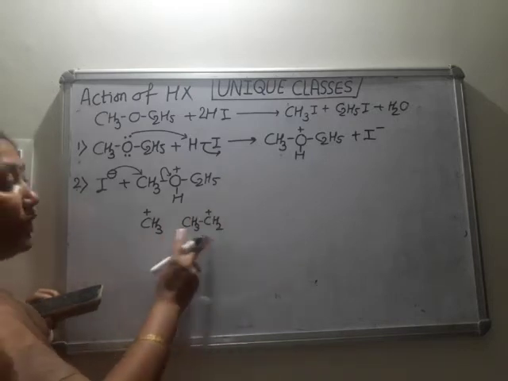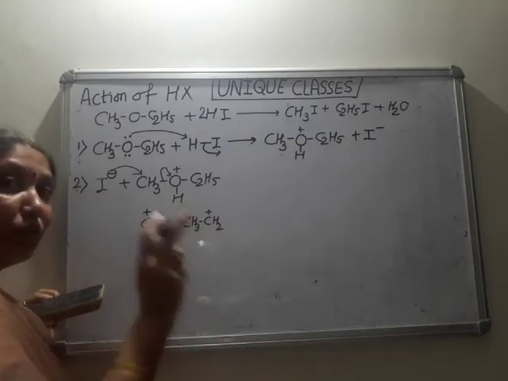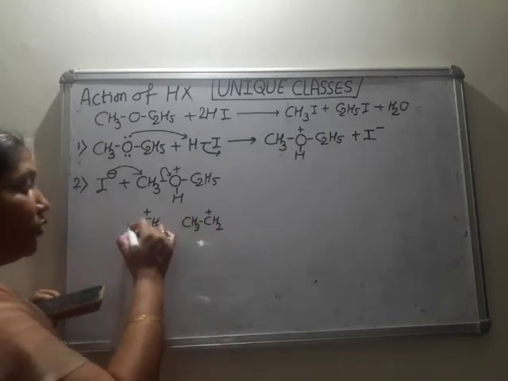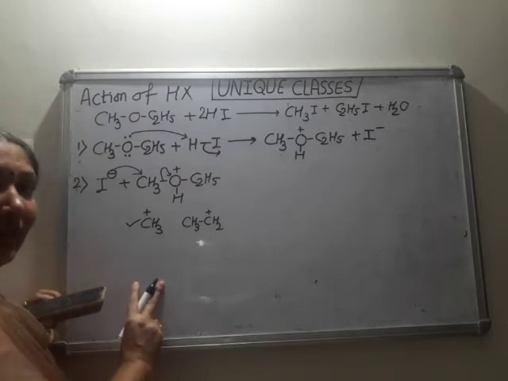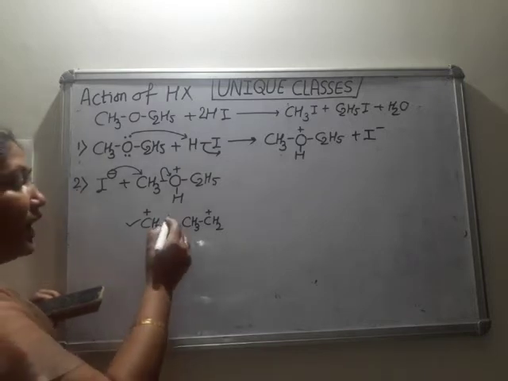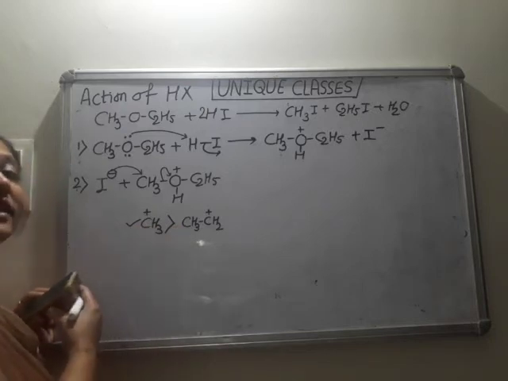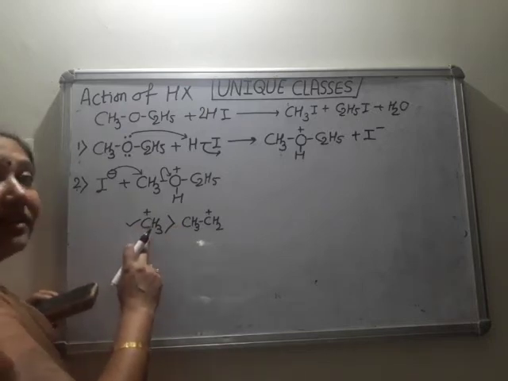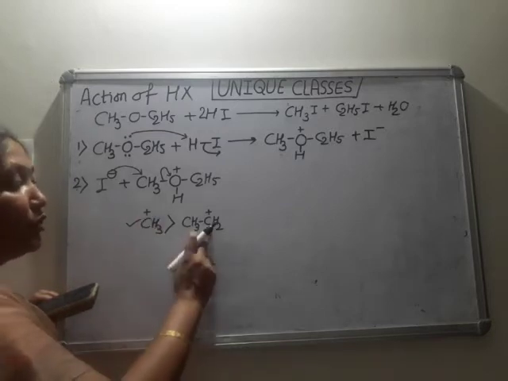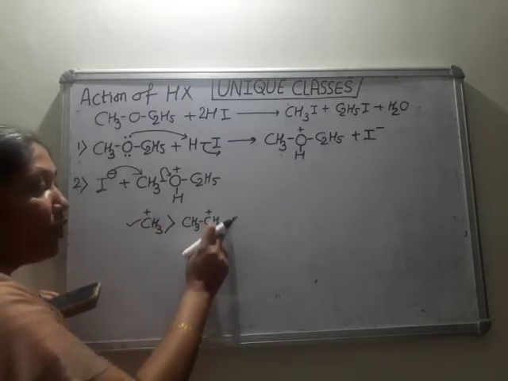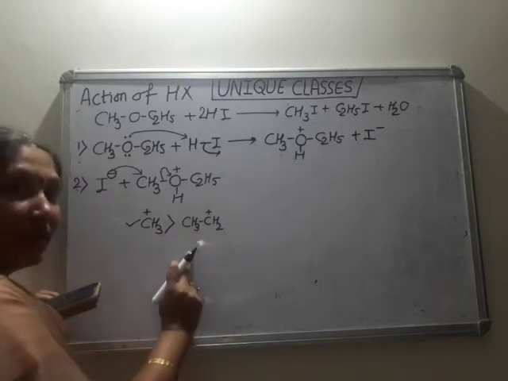Okay. So out of these two, which one shows SN2 mechanism easily? Of course this primary alkyl halide shows SN2 reaction. So this has more tendency to undergo SN2 reaction because of less steric hindrance. Because here there are 3 small groups. Here this carbon has 2 small hydrogens and 1 bigger CH3 group.